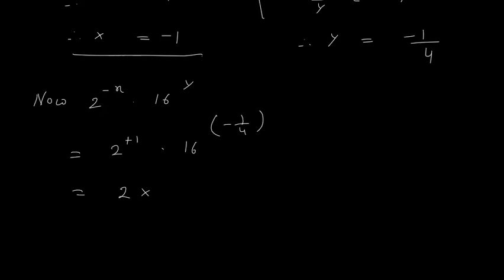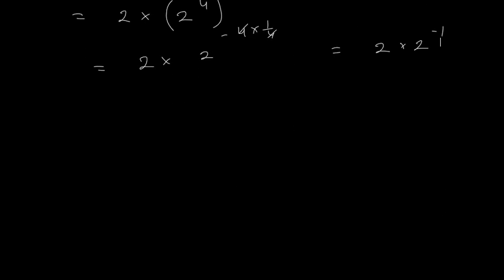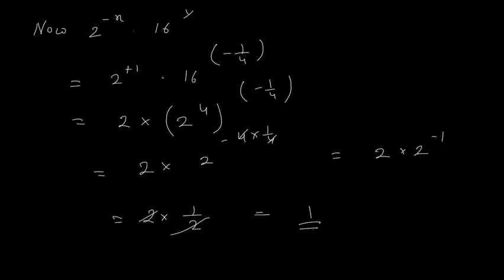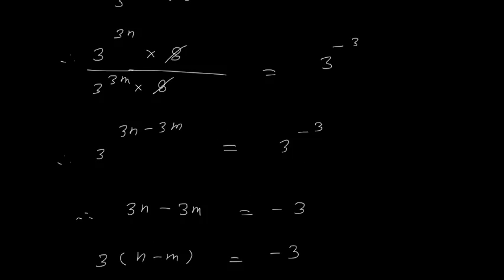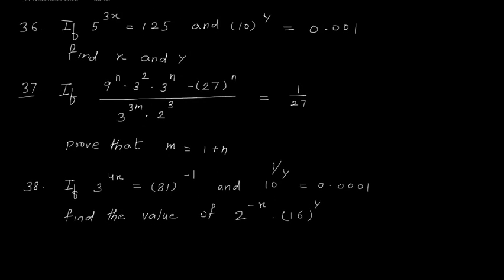So this is 2 into (2 power 4) the whole power minus 1 upon 4. So this is 2 into 2 power minus 4 into 1 upon 4. This will cancel and it becomes 2 power 1 into 2 power minus 1. So this is 2 into 1 upon 2, and then this 2 will cancel, and finally I have the result as 1. So the value of 2 power minus x into 16 power y is 1.